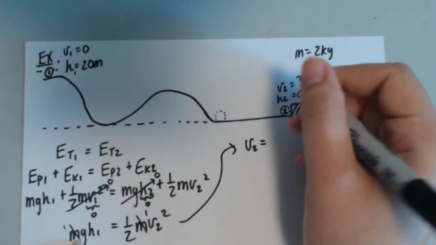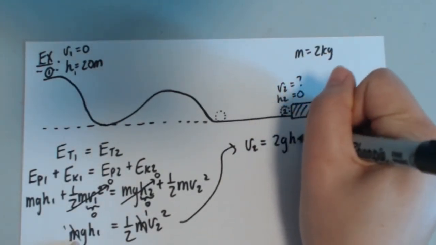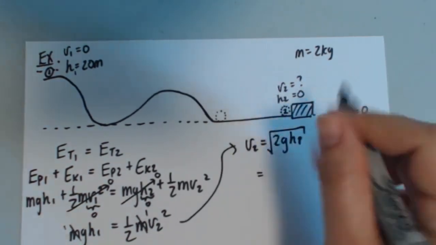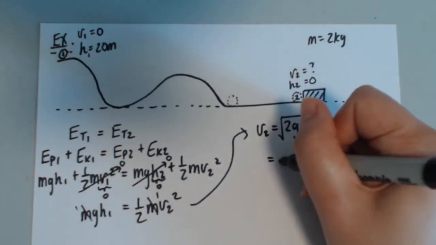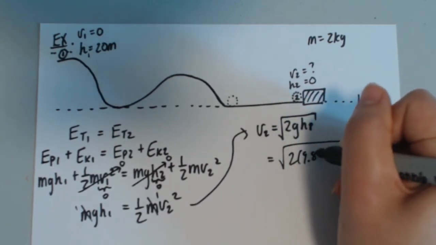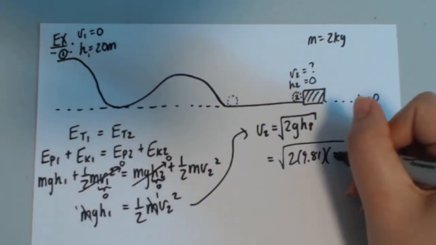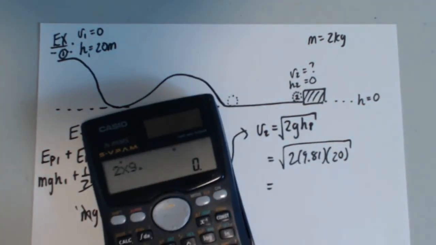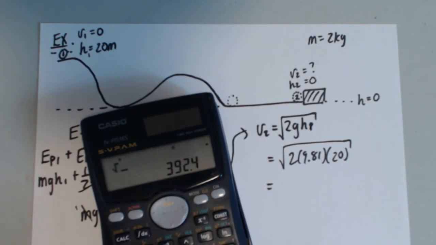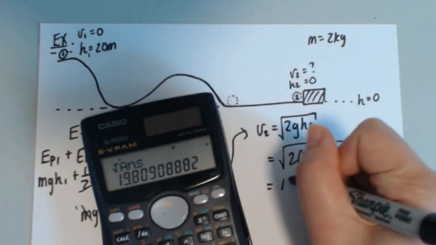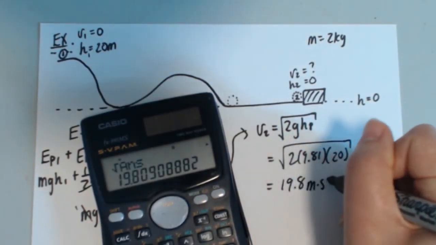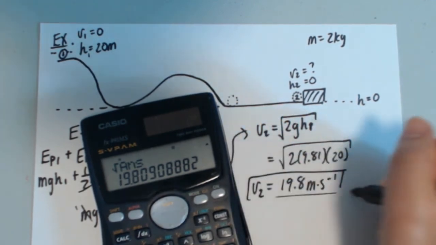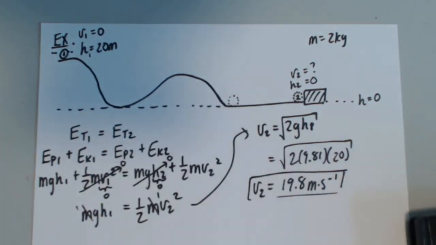V2 is equal to, so the 2 gets multiplied first, so 2gh1, and then we square root. Okay, so that's square root of 2 times 9.81 times h1, which is 20. Square root, 19.8 approximately meters per second. Okay, so that's the speed of the 2 kilogram ball when it reaches the bottom of the frictionless track.